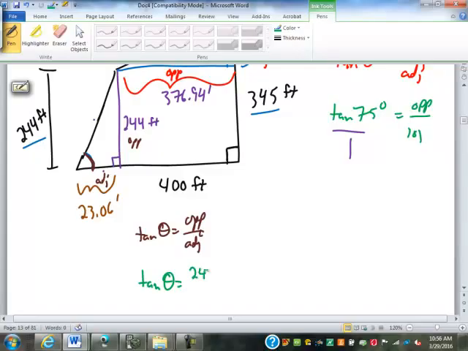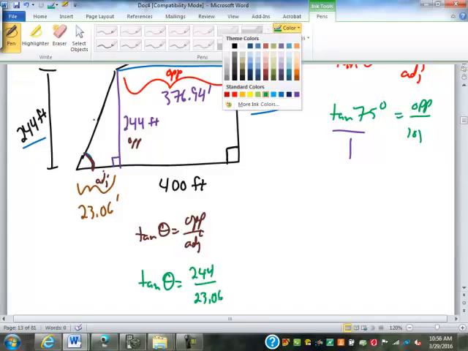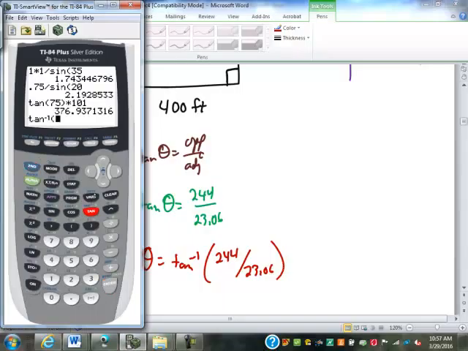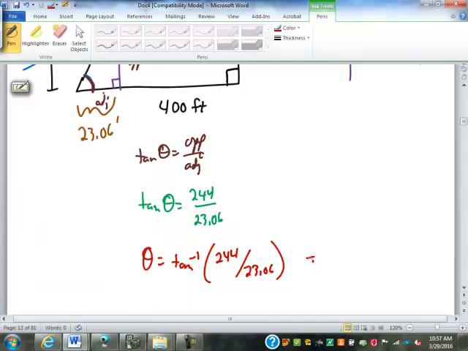We have the opposite of 244, adjacent of 23.06. We're going to have to do an inverse tangent. So second tangent, 244 divided by 23.06. 84.660 degrees.